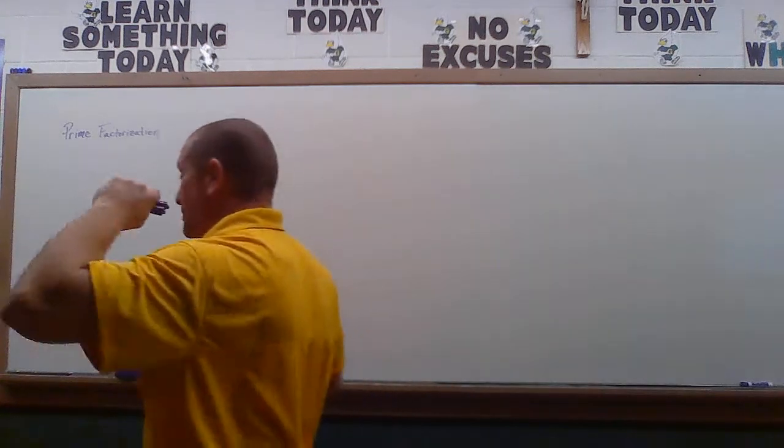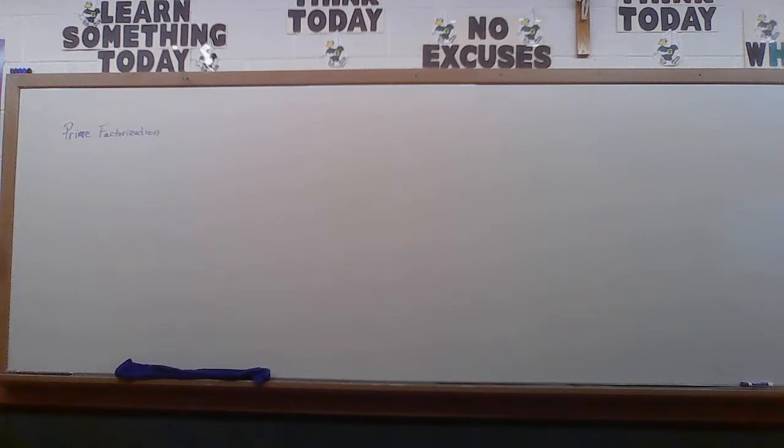Okay, so when we were talking about prime numbers, someone said 1. What do you think? By definition, it really is, right? But if you think about the definition, it's 1 and itself, which would be 1. So it's only got one factor, and that's 1, right?